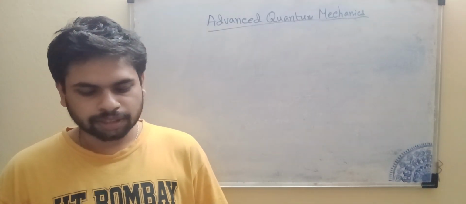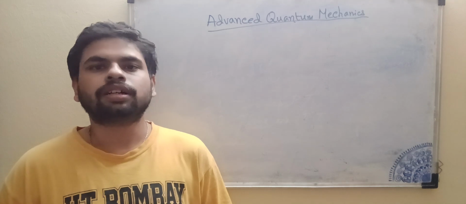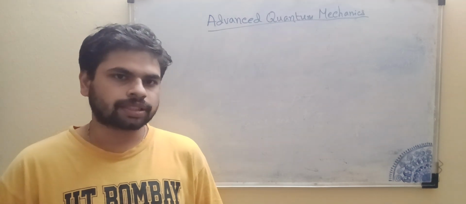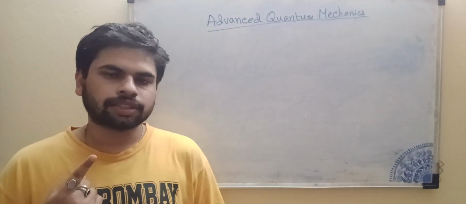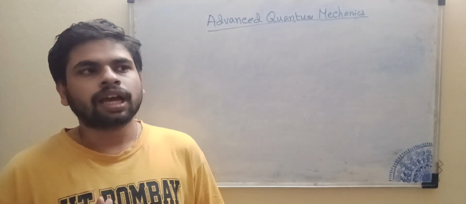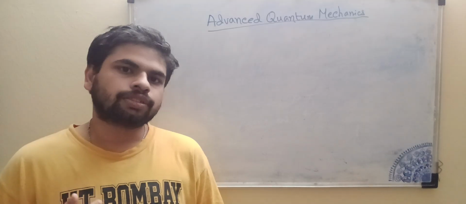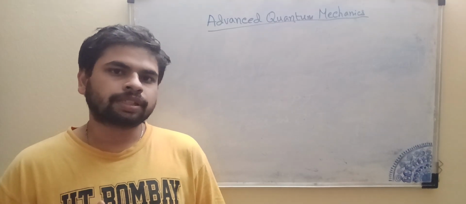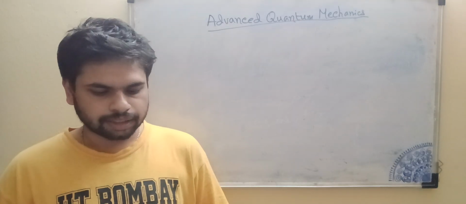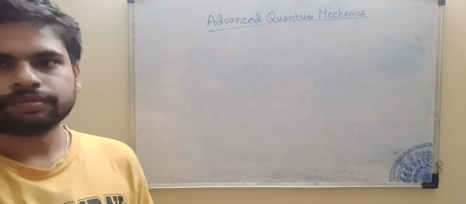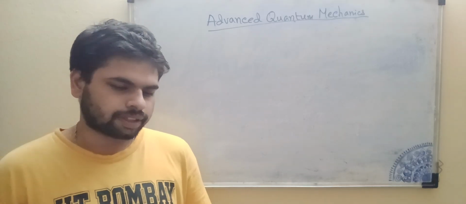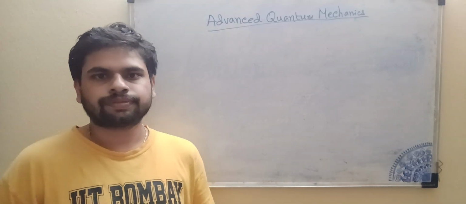In this advanced quantum mechanics we will discuss three topics. One is perturbation theory. There are two types of perturbation theory: time independent and time dependent. The other two are the variational principle and the theory of scattering.